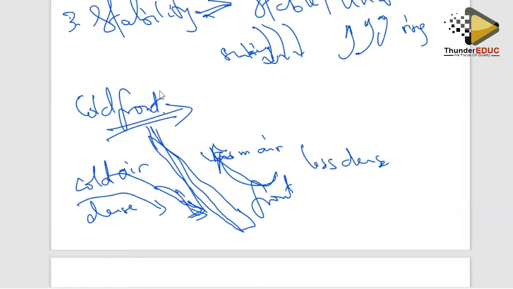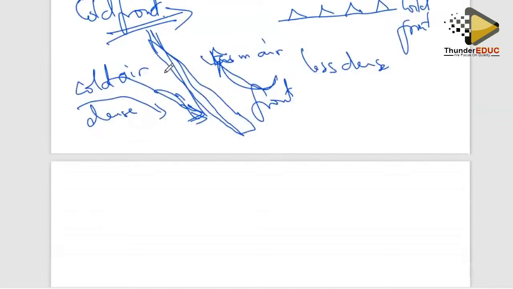So when we are indicating a cold front on synoptic maps, we use triangular inclinations on a line like that. This represents a cold front. That symbol, a line with some triangles on it, is a cold front. When cold air is advancing towards a region which is occupied by warm air, that is a cold front specifically.